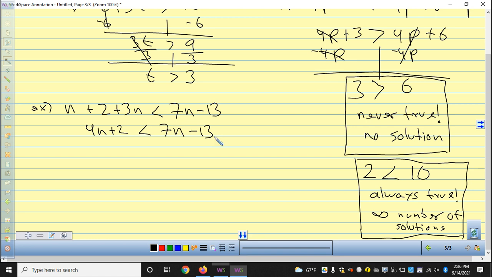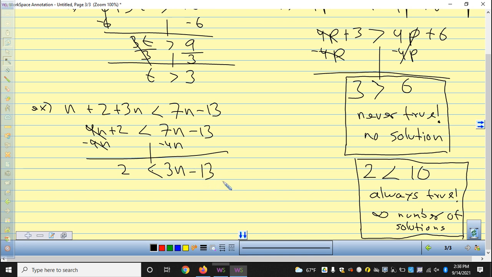What did we do? Subtract 4n, okay. We can do it that way. These go away. I get 2 is less than 7n minus 4n, which is 3n, minus 13.